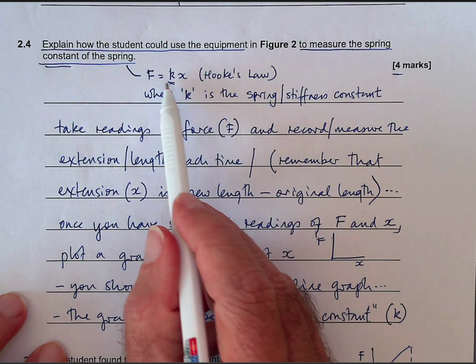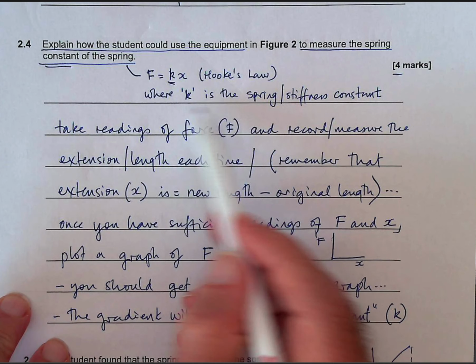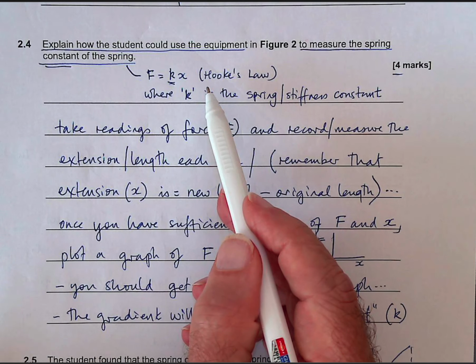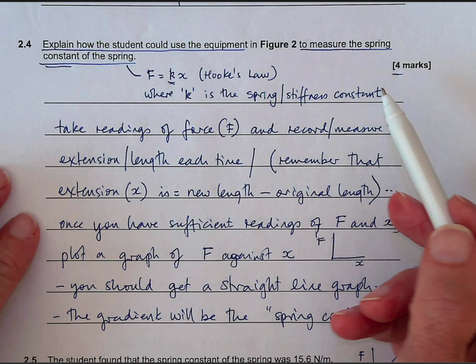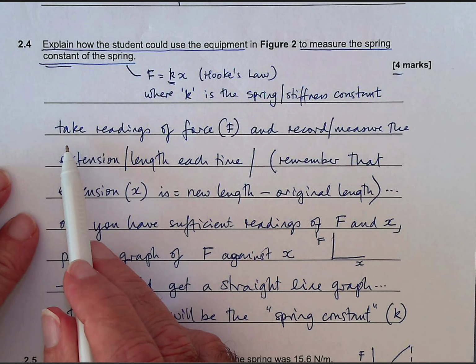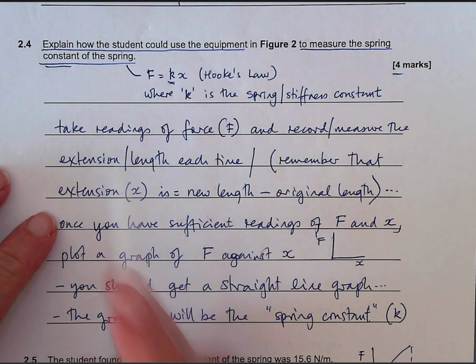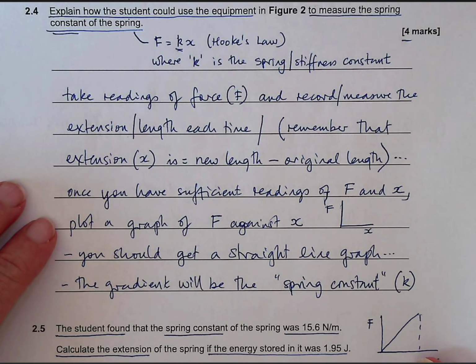So I've just put the theory first. I've said, well, the spring constant is K in the Hooke's law equation. So I think that's useful to make sure the examiner knows that you know what you're talking about. And the rest of it is clarity of your communication skills. And a lot of physics actually is clarity in English.